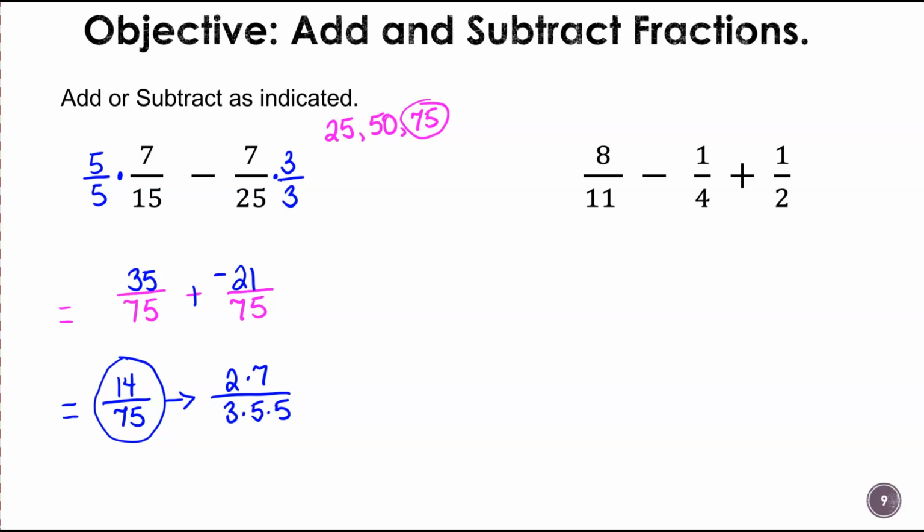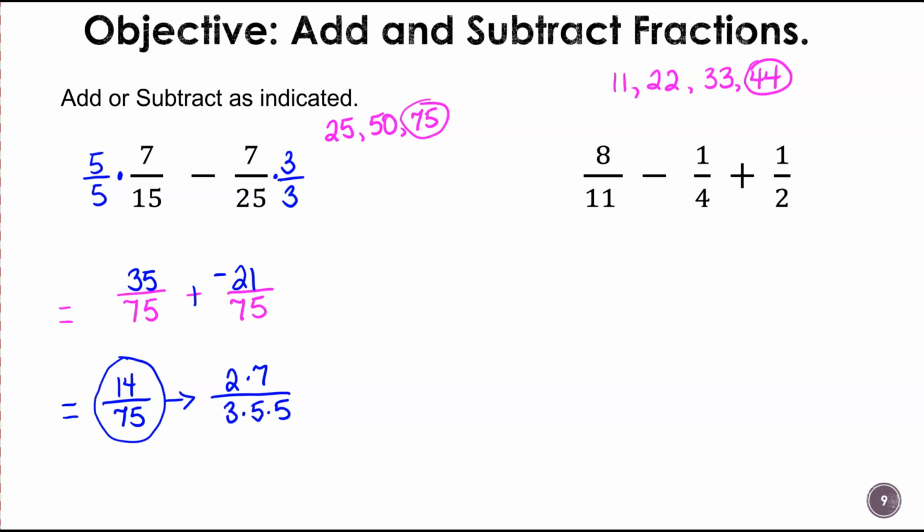So if I list the multiples of 11, right? 11, 22, 11 times 2 is 22, 11 times 3 is 33, 11 times 4 is 44. You see this time it is 4 times 11 because 11 and 4 don't have any common factors, and that's why it ends up this way. So my common denominator, my LCD, right, least common denominator, will be 44.